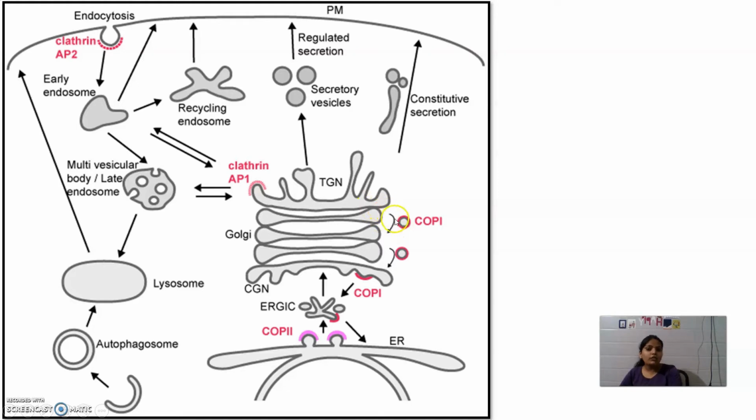That means the Golgi will form COP1 type of vesicles and will return back to the ER. This is called retrograde trafficking or retrograde transport of the proteins.